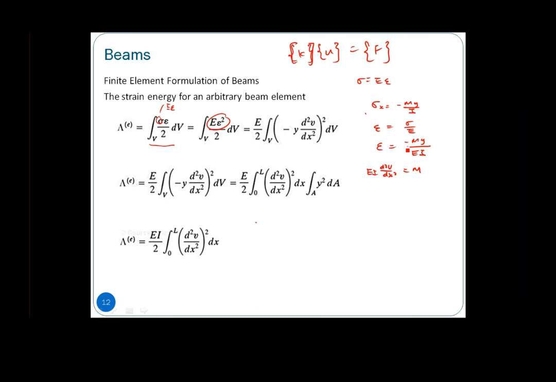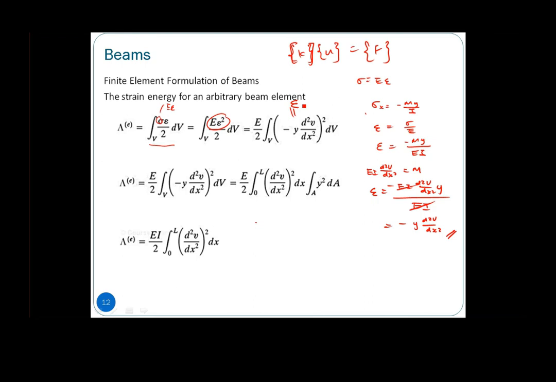So if I want to substitute this in, M equals EI d2v dx squared, times y, we have a negative divided by EI, so my strain will be negative y d2v dx squared. So that gives us the axial strain: negative y d2v dx squared. Then we have to square the whole thing.